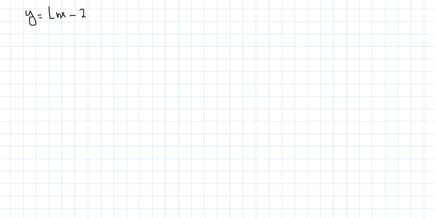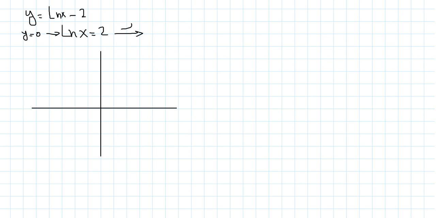Because we need to draw it, at first we need to do something. I know if y equals 0, what will happen? I know ln x equal 2. If I use e on both sides, so I say x equal e squared. So it means it is the intersection point with x-axis on e powered by 2.